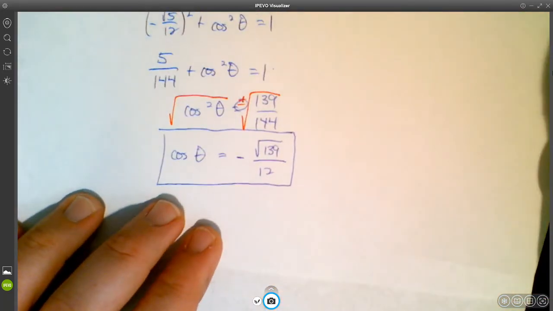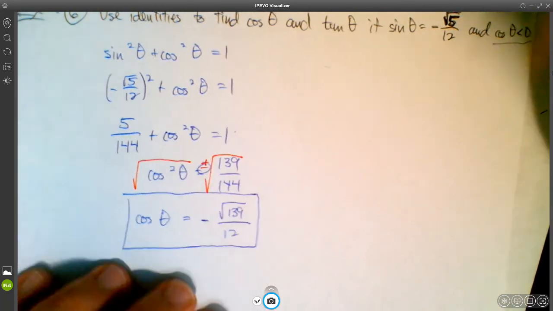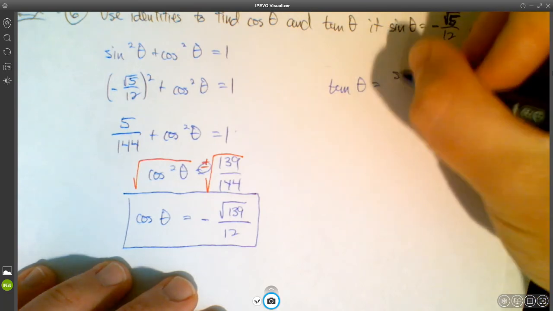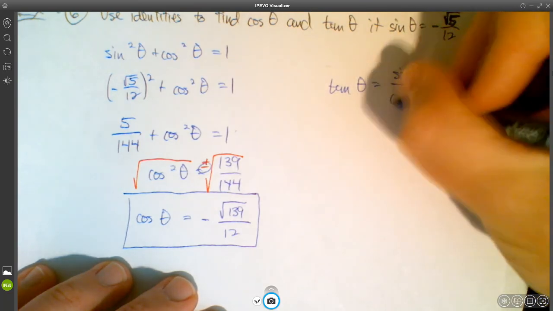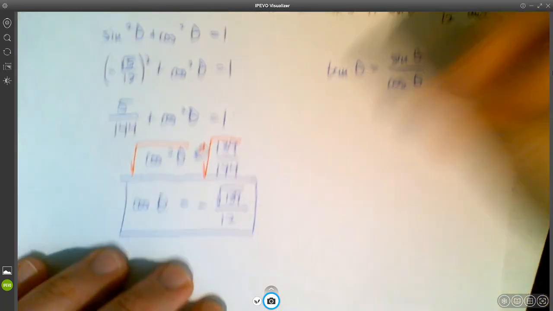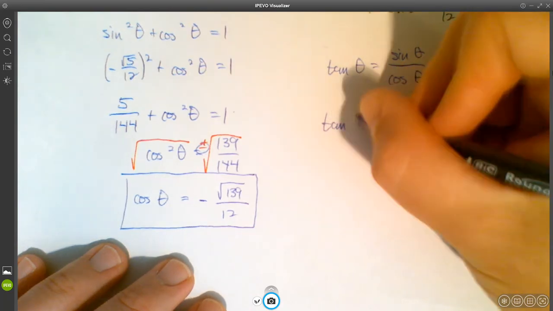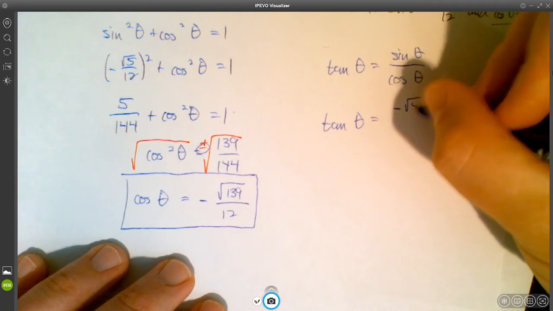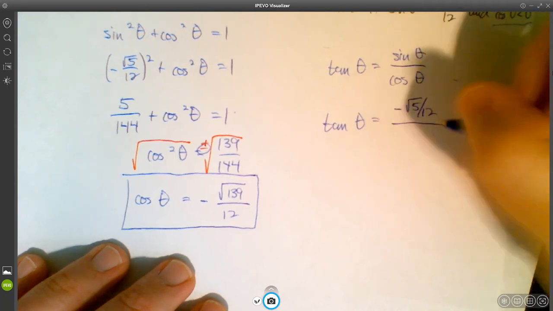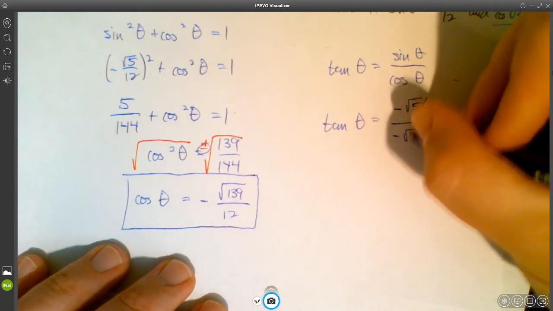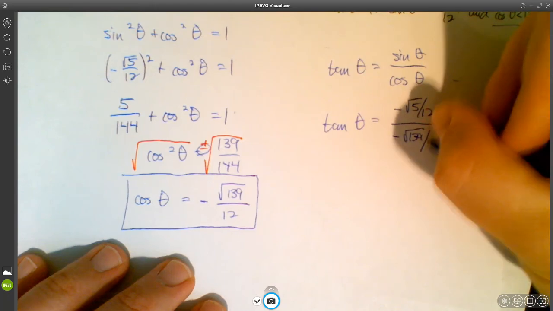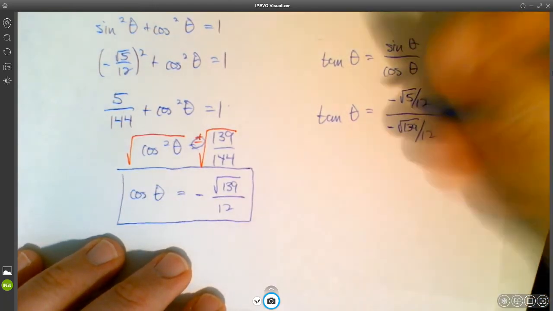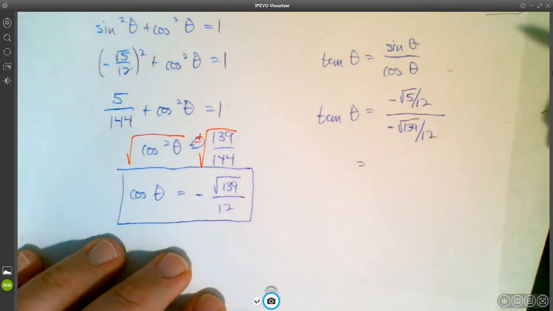And now that we have cosine theta, we can get tangent theta pretty easily. We can say tangent theta is sine theta over cosine theta. So that's going to be negative root 5 over 12 divided by negative root 139 over 12. You flip and multiply. The negatives will cancel.